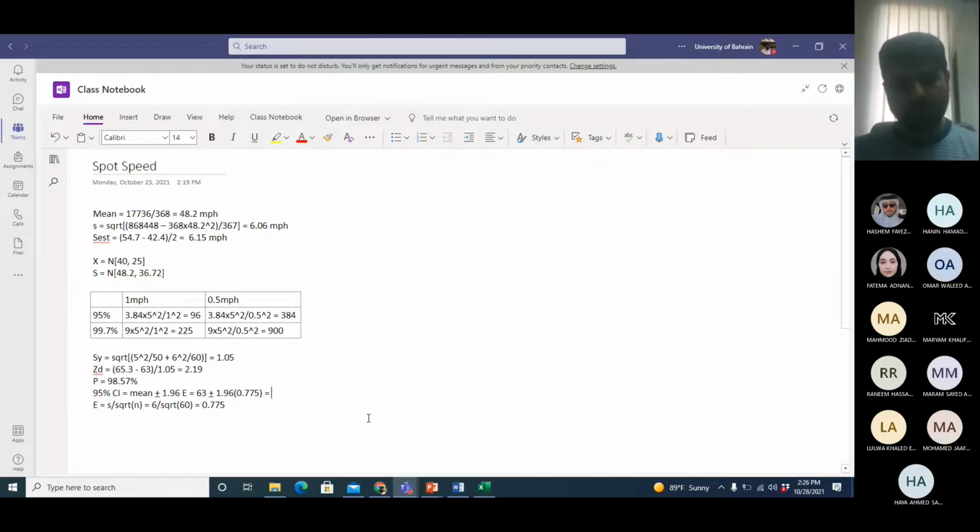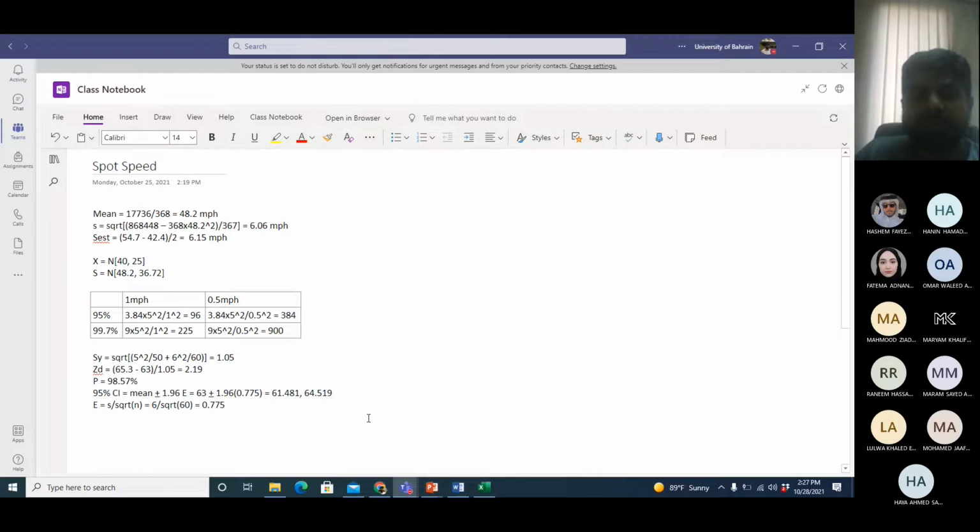Give me the confidence interval now. It is 61.481 and 64.519. Okay, so this is the range for 95% of drivers.